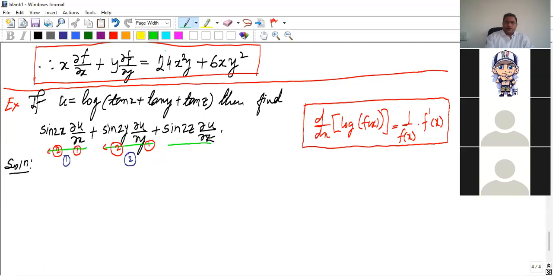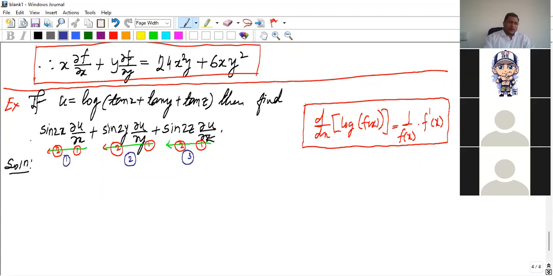And again, find the derivative with respect to z, multiply with sine 2z, and this will be your equation 3. Then add equations 1, 2, and 3, and we'll get our claim.